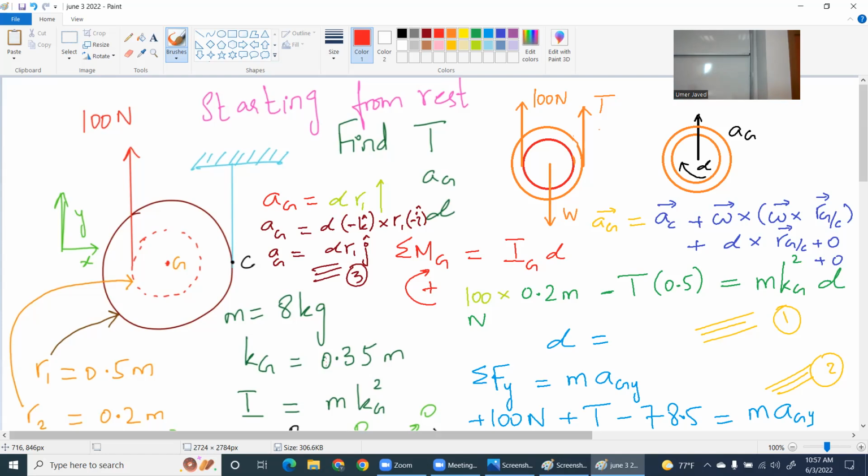D is the distance between where MAG is acting and the point. D is R1, right? In this question, D should be R1 now, Usman. And R1 value is 0.5, right? Very good.